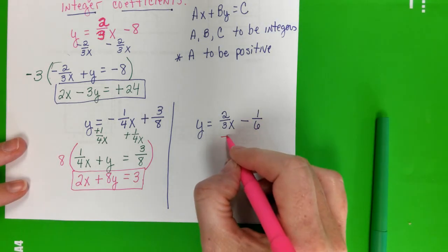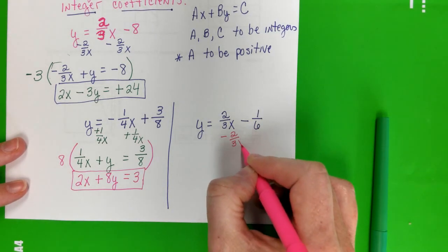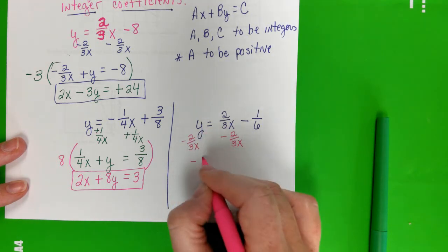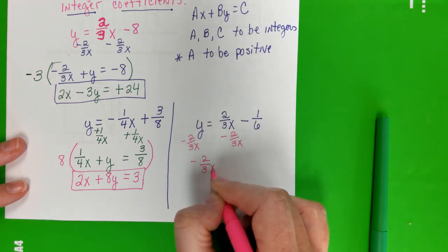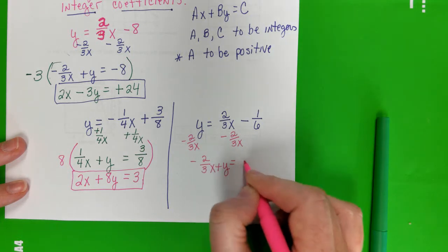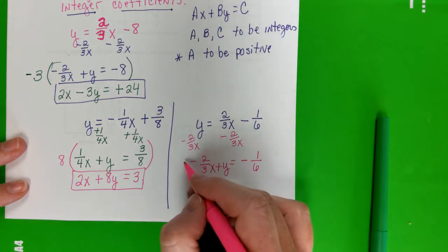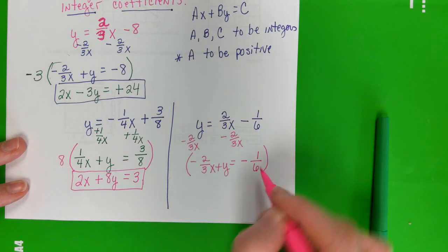Okay, so we would subtract 2/3 x from both sides to start with. And then I need to make all these fractions integers.